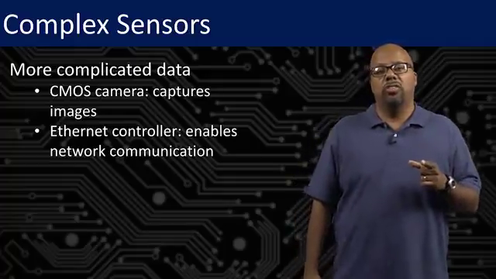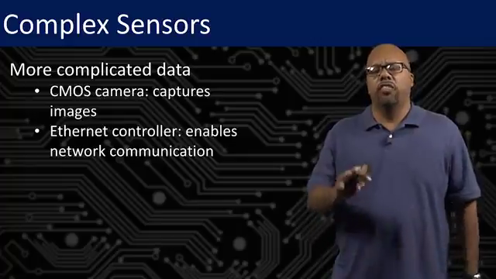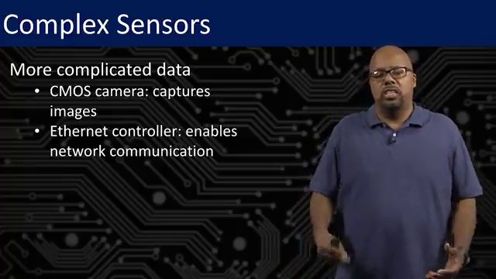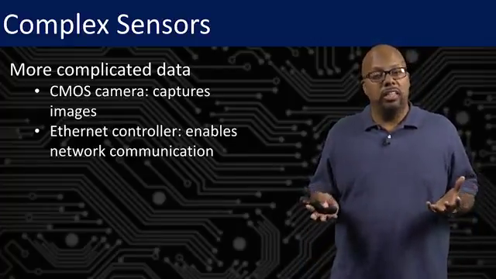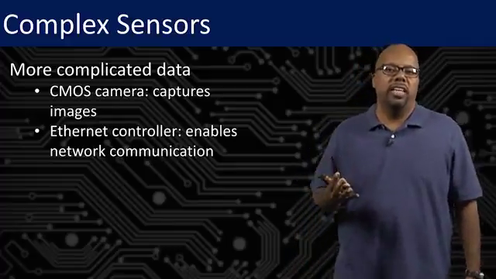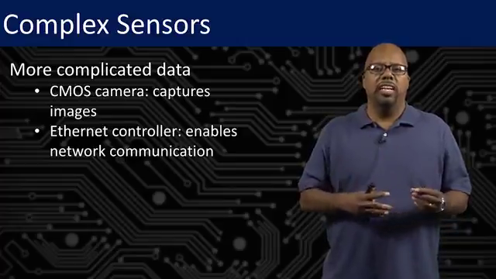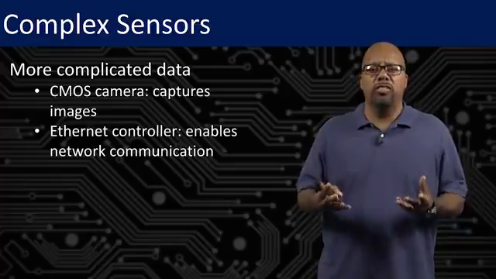But complex sensors can receive much more complicated data. So for instance, take a CMOS camera, like in a digital camera. It captures images. Now that's technically a light sensor. It's a special purpose light sensor. It doesn't just tell you the intensity of light like a photoresistor might. It also tells you what color the light is at every point in the image. So it's much more complicated visual data that this thing is reporting.